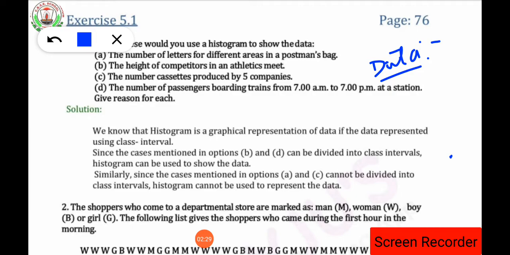Clear? That particular data is going to be drawn in the form of a bar graph, histogram, pie chart or pie graph, double bar graph, etc. Now the second thing which will be introduced by me, that is pictograph.